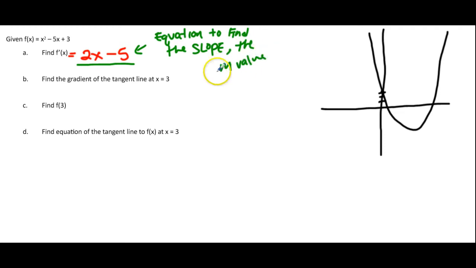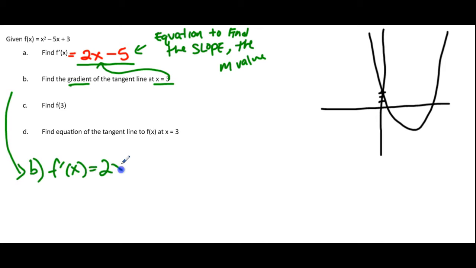They want to know the gradient of the tangent line at x equals 3. So we have the equation now, and all we have to do is plug 3 in for x. We have f prime of x, the derivative, equals 2x minus 5.